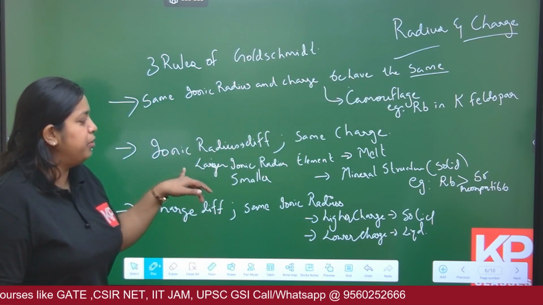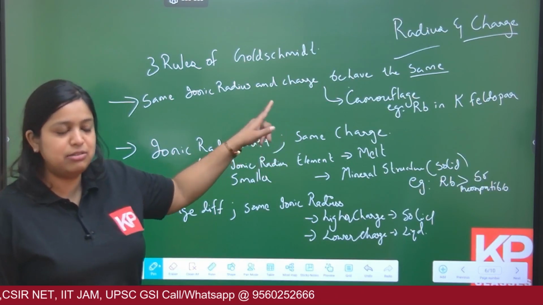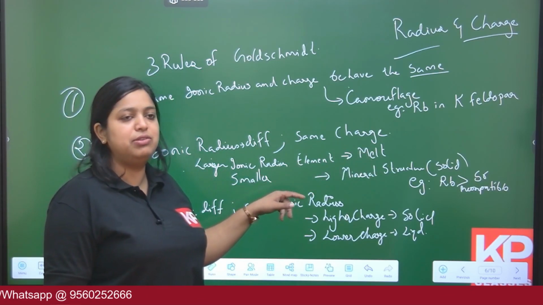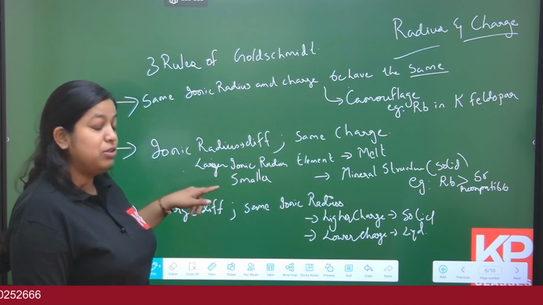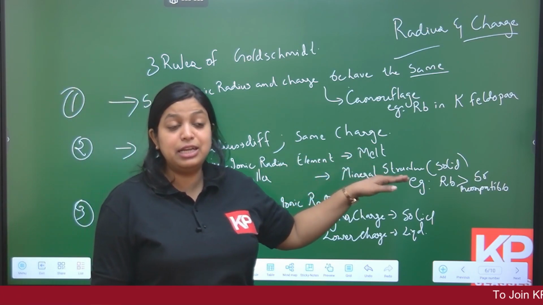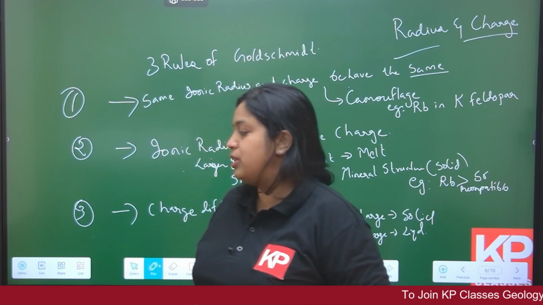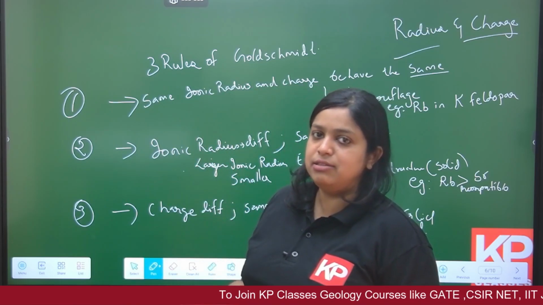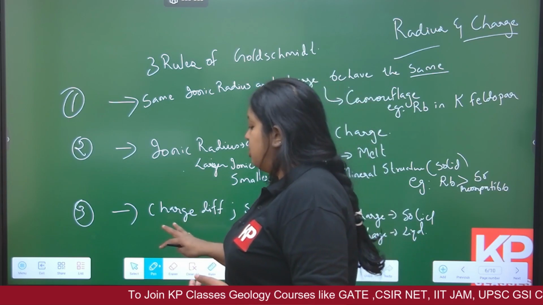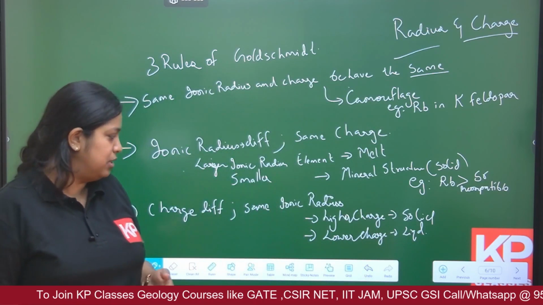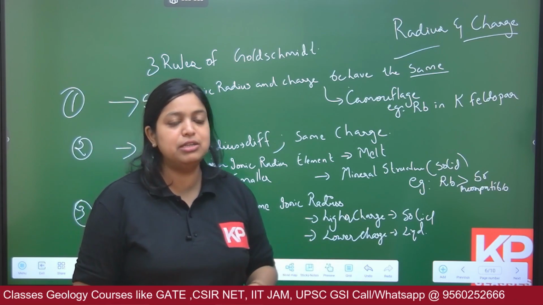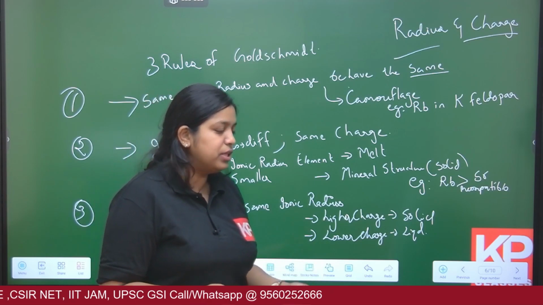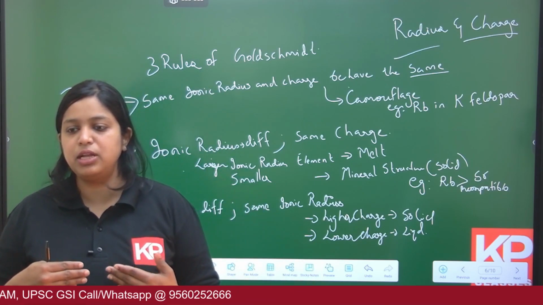If ionic radius is different and the charge is the same, then the larger ionic radius element will stay in the melt; the smaller one can get into the mineral structure, or participate in the crystallization of a mineral. Third, if the charge is different and the ionic radius is the same, the higher charge will stay in the solid, the lower charge will stay with the magma.